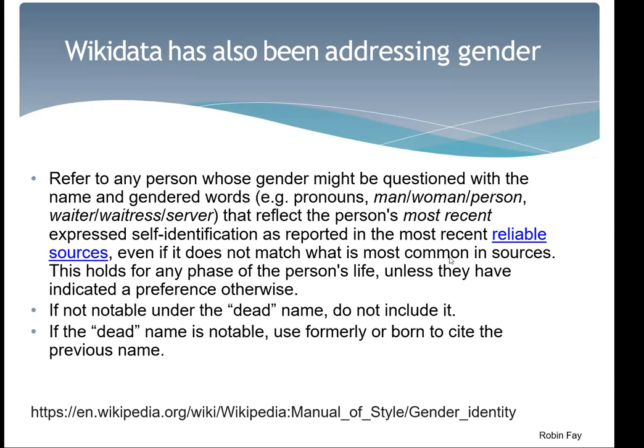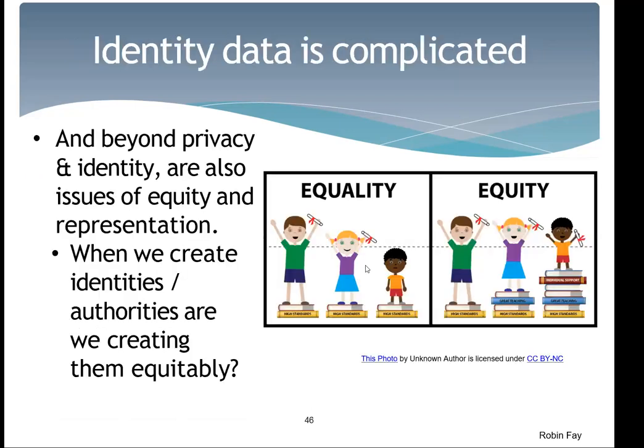But I think Wikidata is trying to have that more nuanced conversation and starting to look even beyond gender as an attribute itself, at how gender connects to naming conventions and cultural conventions too. It's really interesting to see, because I'm not saying that Wikipedia by any means doesn't have bias, because it sure does. But I do think they're trying to look at it in a more nuanced way.